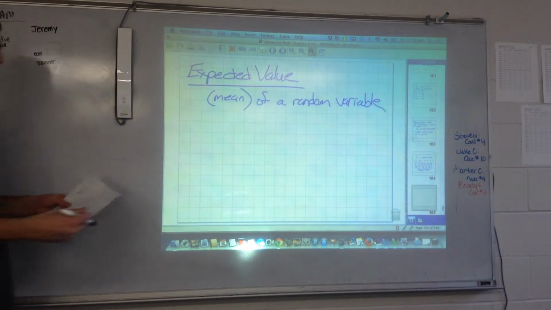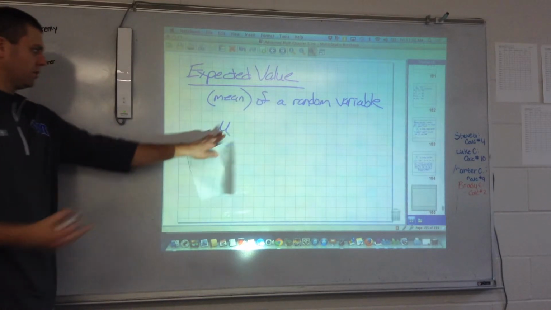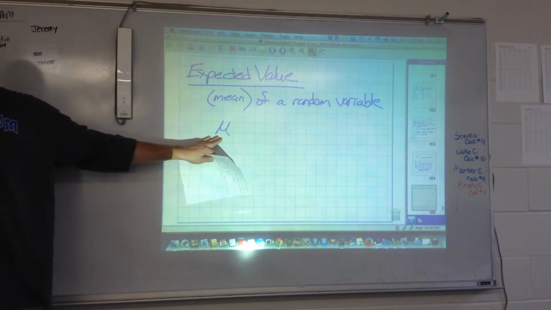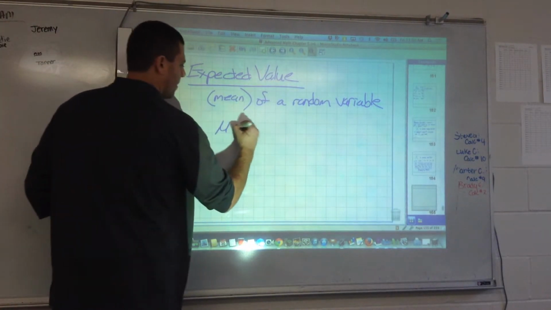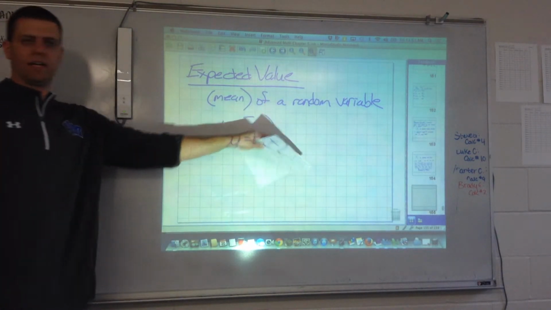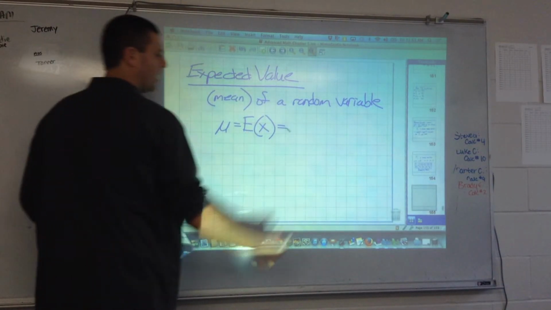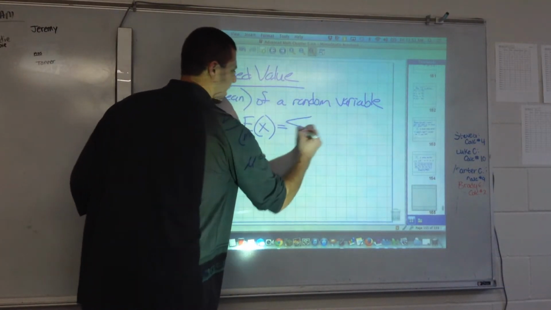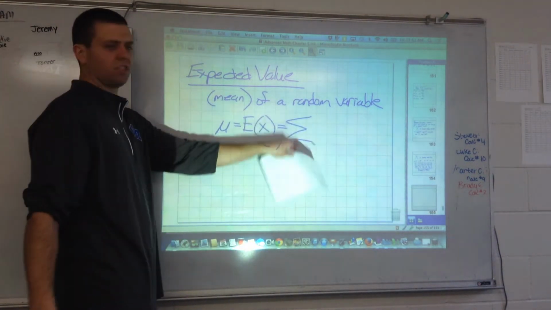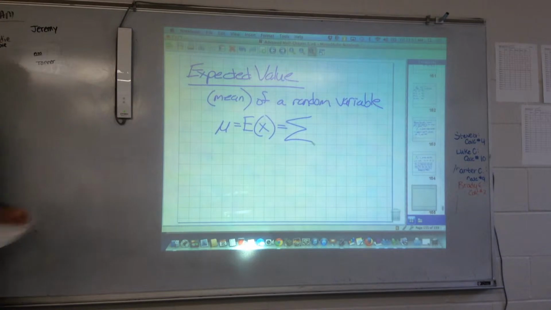Okay? And the way you do that, so remember that represents mean, right? Mu. That's going to be our expected value, so E of x. And the way you will find that is you will add up, remember that's the sum notation, summation, this is sigma, yep.